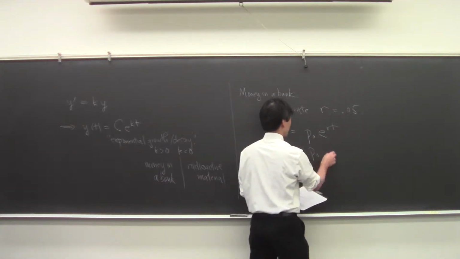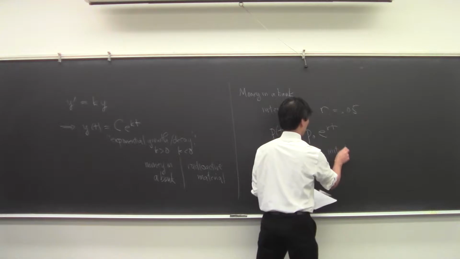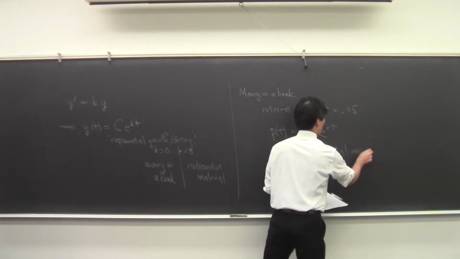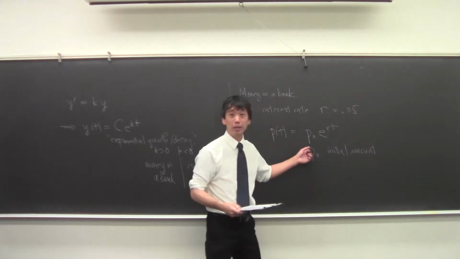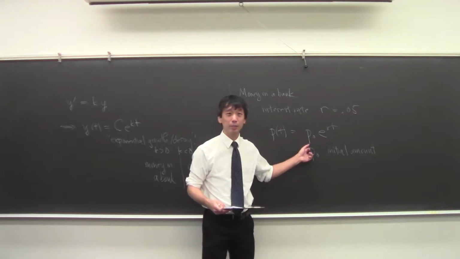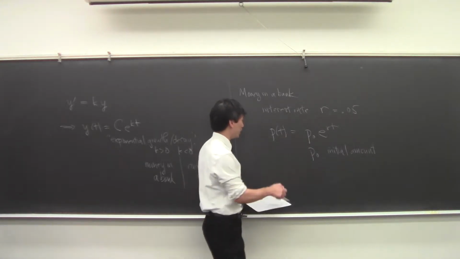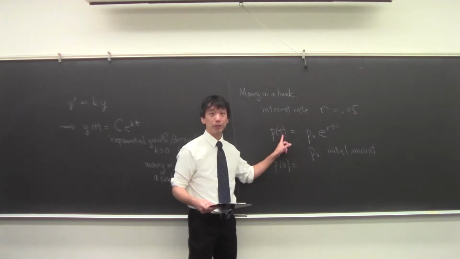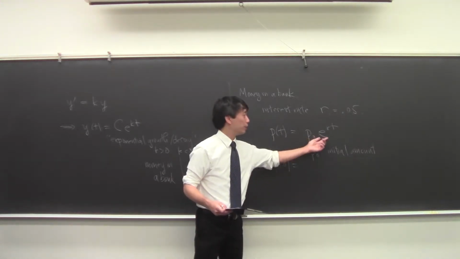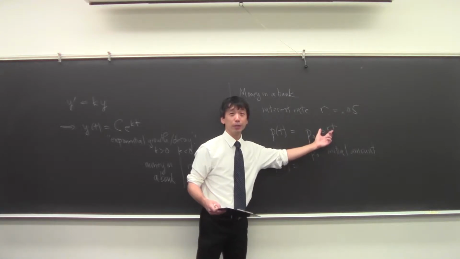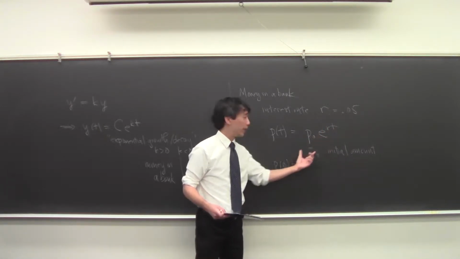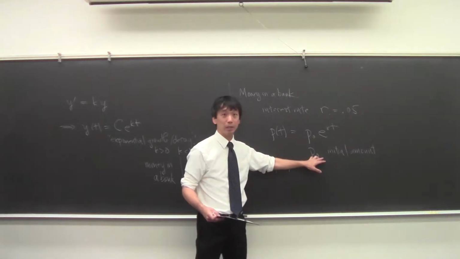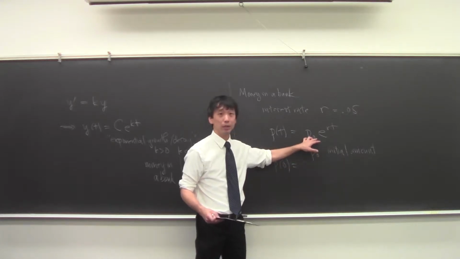This P0 is your initial amount, like how much you put in at time 0. You see that when you put in 0 for t, then you're going to get P naught e to the 0. Well, e to the 0 is 1, right? So you can see that this P0 denotes your initial amount.